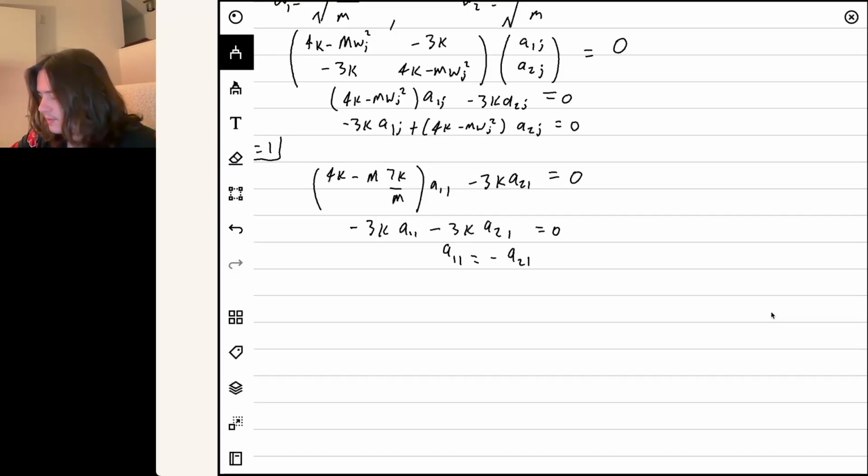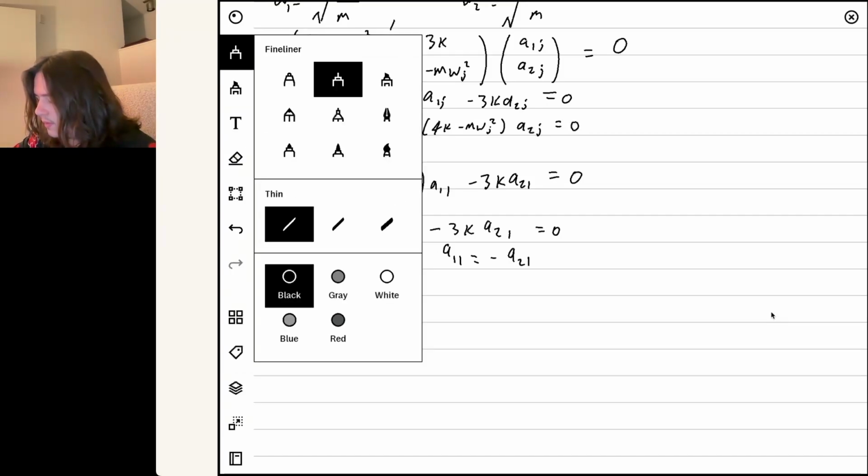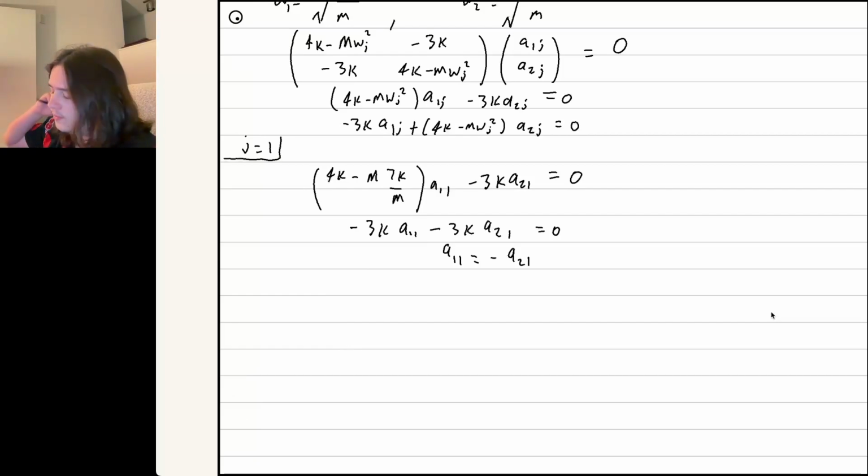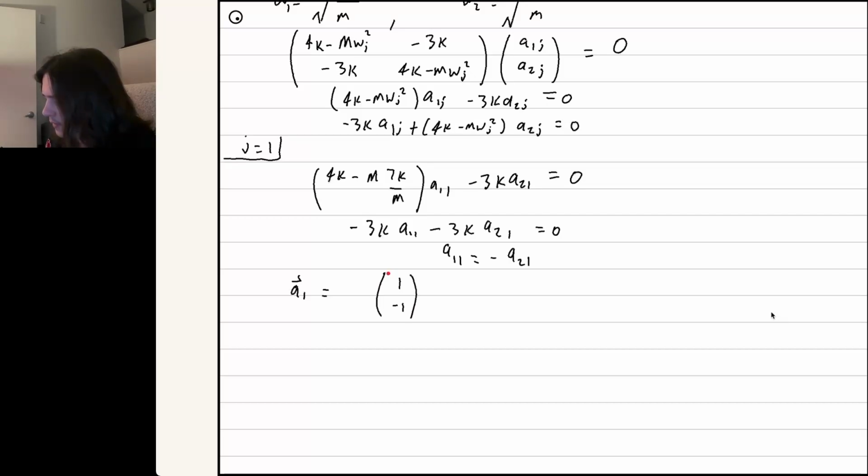So let's have a11 just be equal to 1 and a21 equals minus 1, so that the eigenvector a1 will be 1, minus 1, divided by some normalization which depends on the mass. Cool.